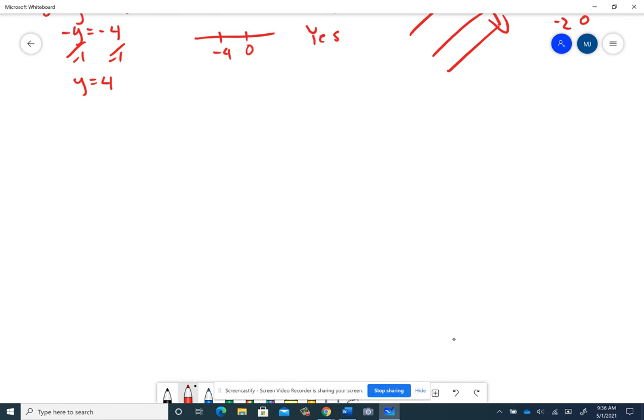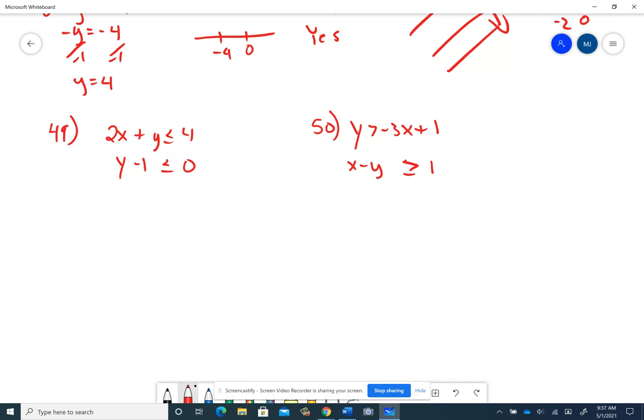All right, so on 49, we're graphing the system of inequalities. So we actually have 2 inequalities that we have to graph. And on 50, we do as well. All right, so what you're going to do is take one of them at a time.